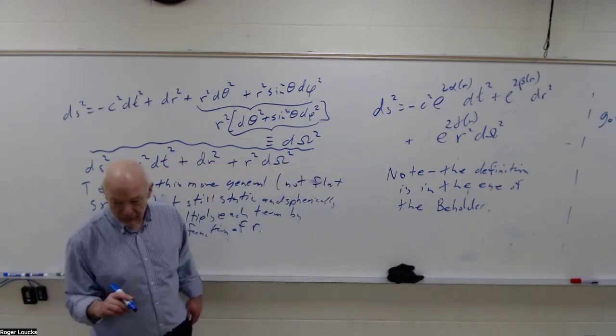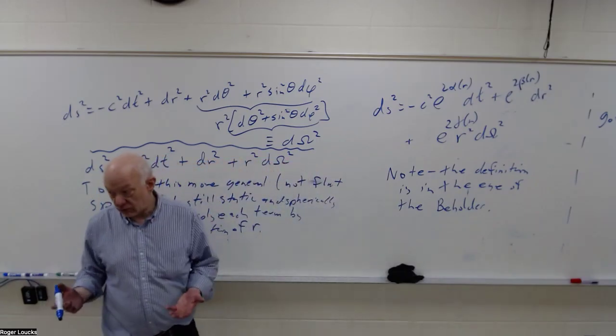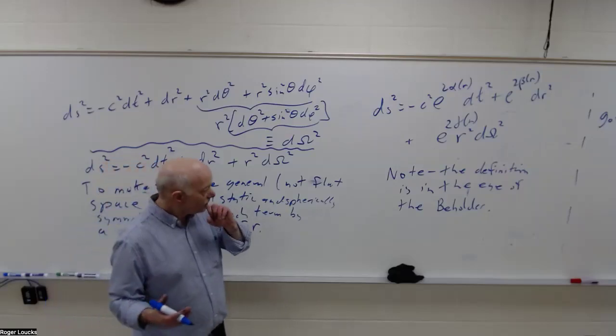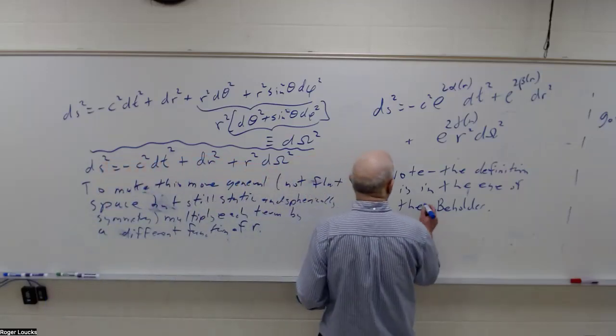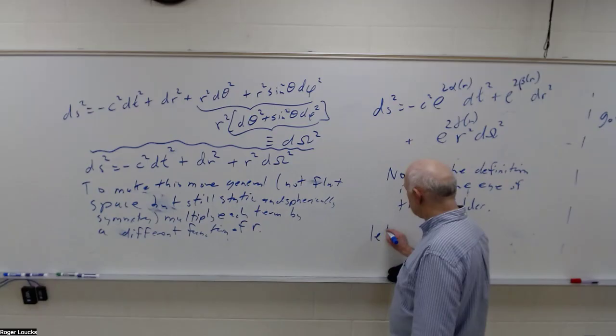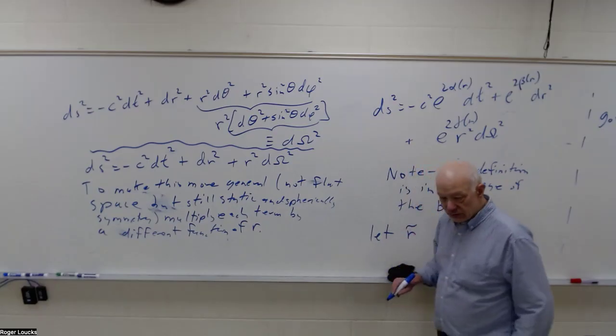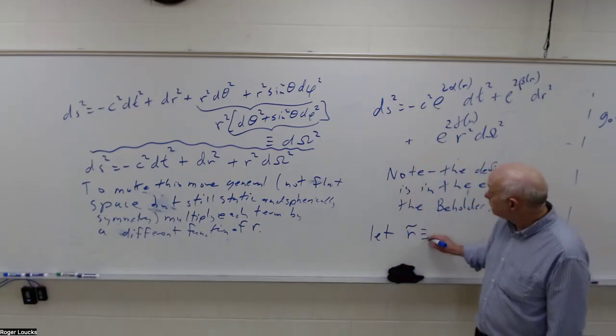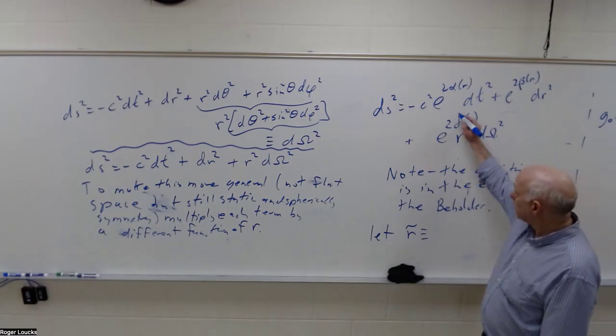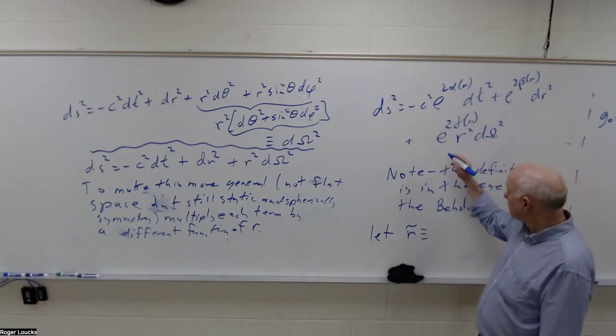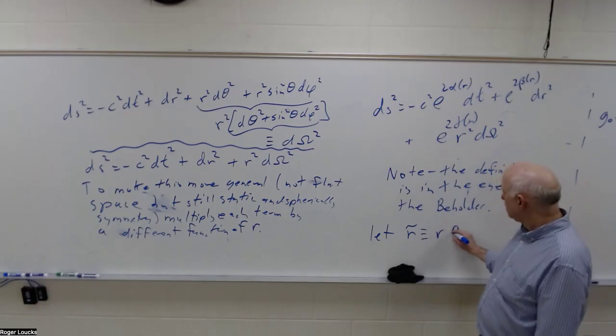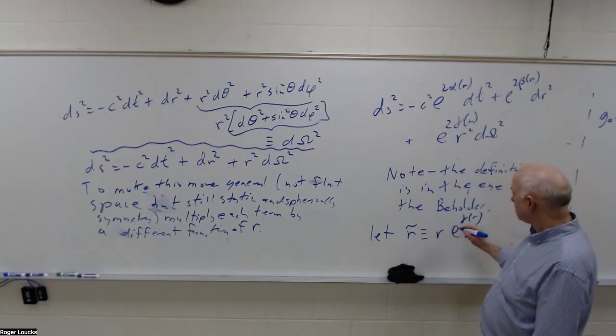Let me explain what I mean. You have different values of r here. So I'm going to let r twiddle be the new r, defined by this guy up here. I'm going to take the square root of this. If I take the square root of this, this is going to be r e to the gamma of r.